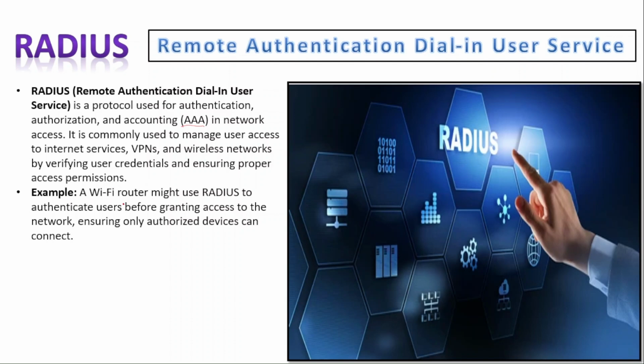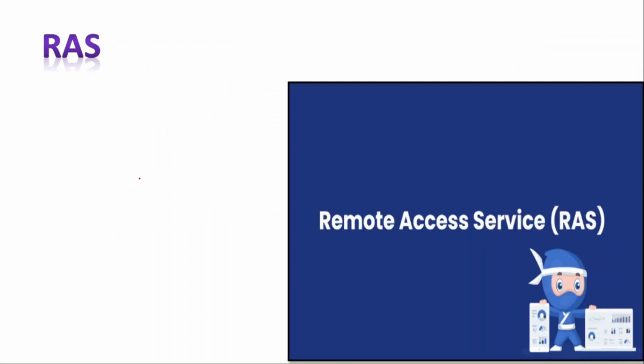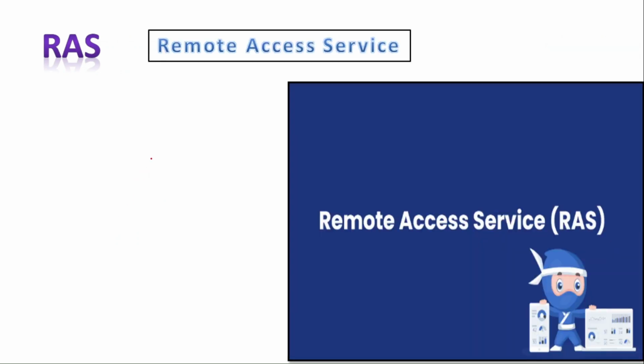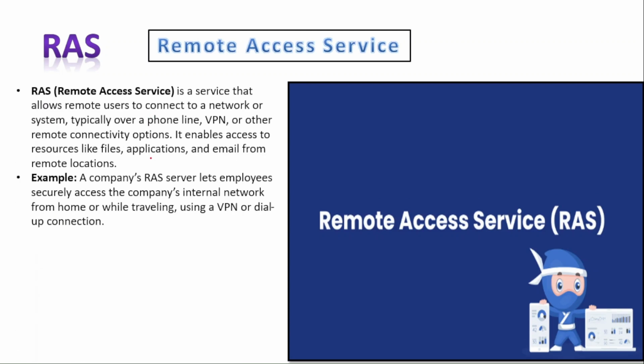Example, a Wi-Fi router might use RADIUS to authenticate users before granting access to the network, ensuring only authorized devices can connect.